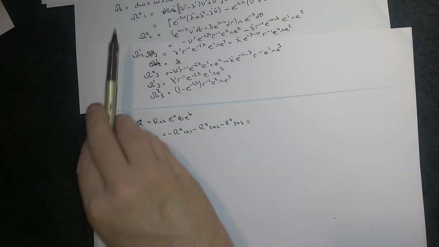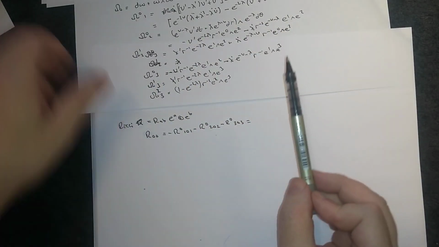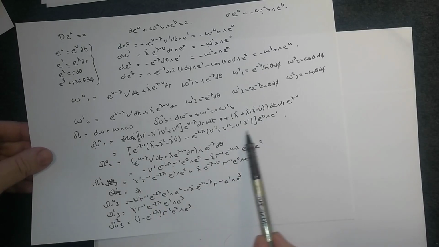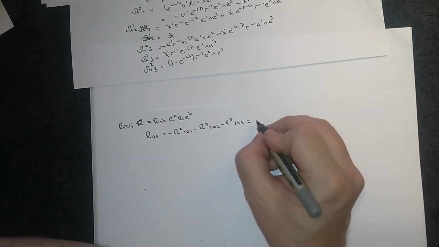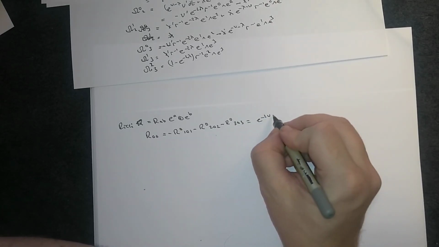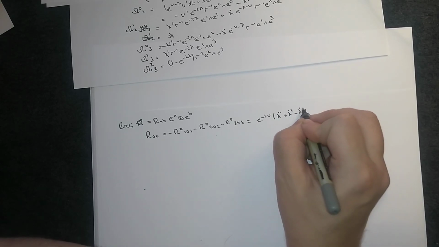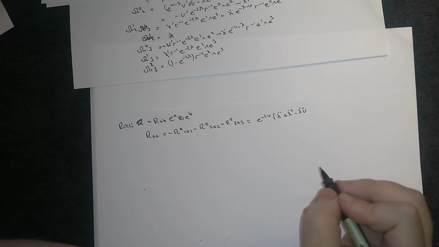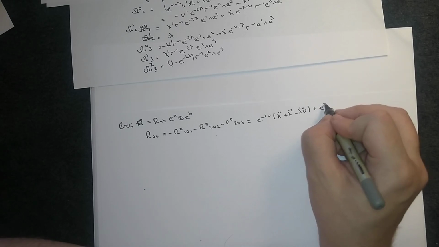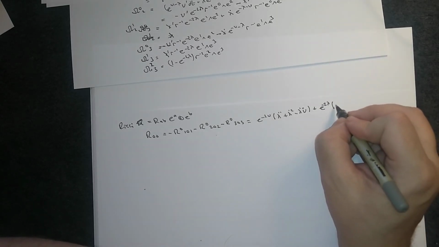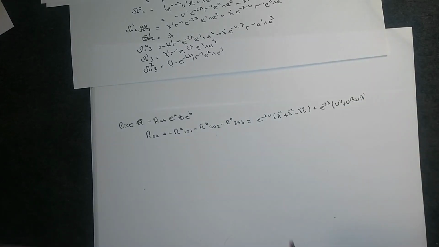So you have that 0101 is just this quantity here. So you can get e to the minus 2 nu lambda double dot plus lambda dot squared minus lambda dot nu dot, plus e to the minus 2 lambda into nu double prime plus nu prime squared minus nu prime lambda prime.